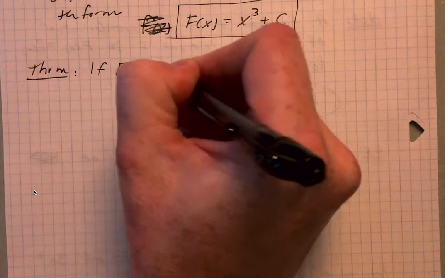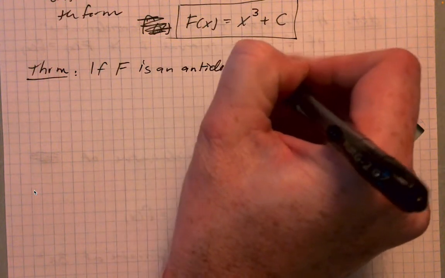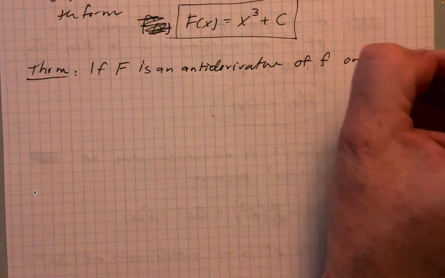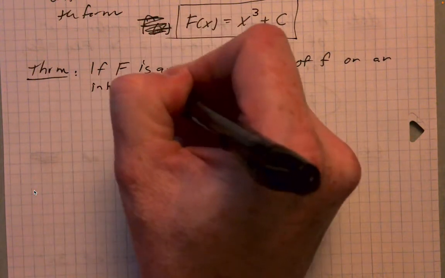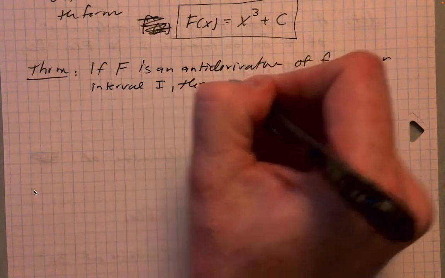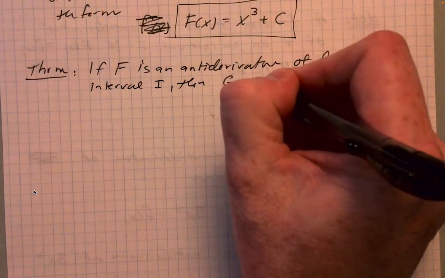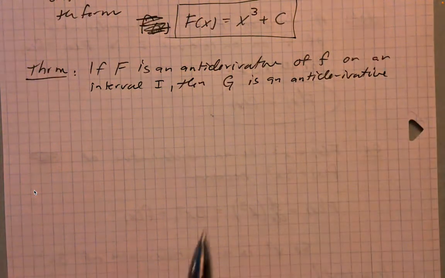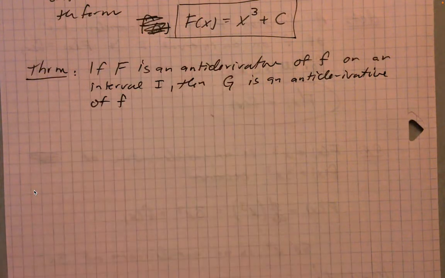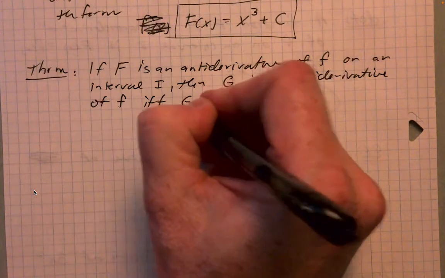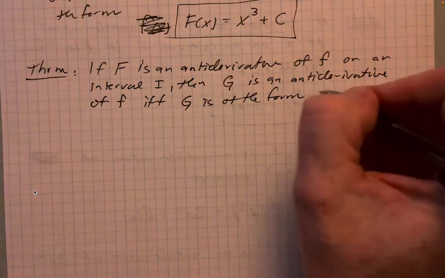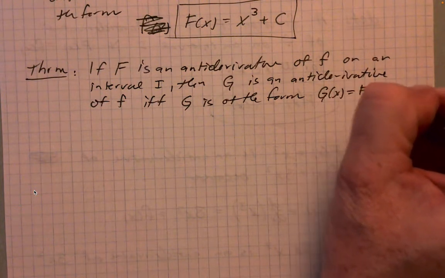Theorem: if big F is an antiderivative of little f on an interval I, then g is an antiderivative of f if and only if g is of the form g of x equals F of x plus c.